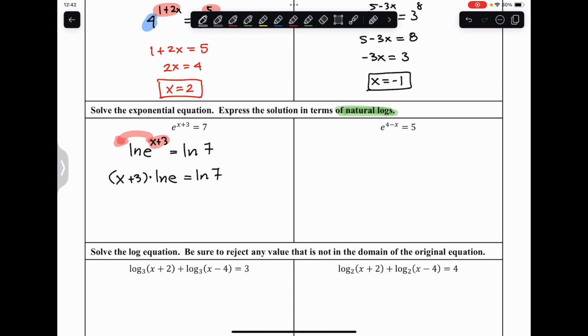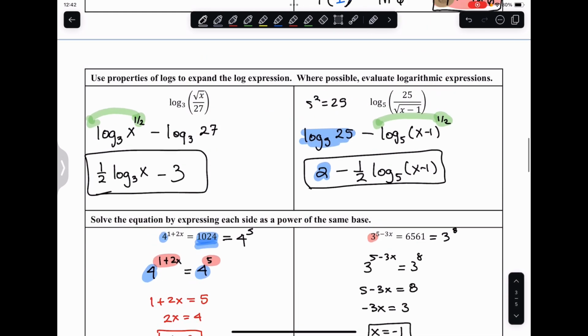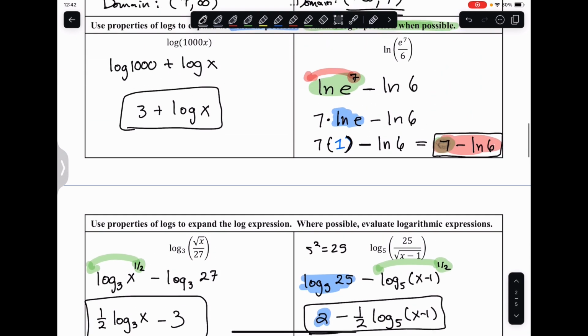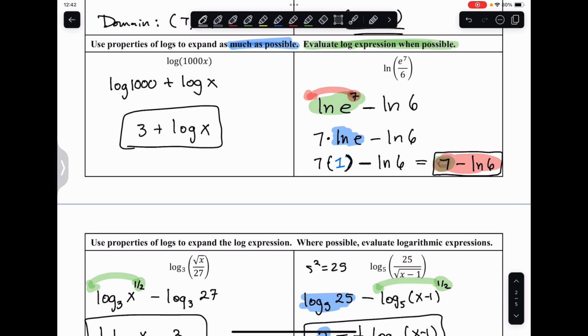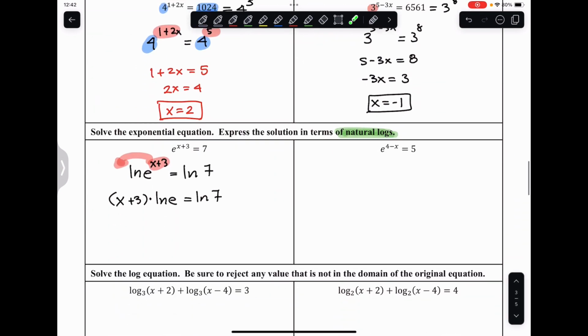And just like the prior example, going back over here, that's why it's important again to know these definitions. As you see right here on this one, since the ln of e equals 1, the same thing is going to happen here. This is going to be 1, and 1 times this is just going to give us x plus 3. We don't need to write the parentheses.